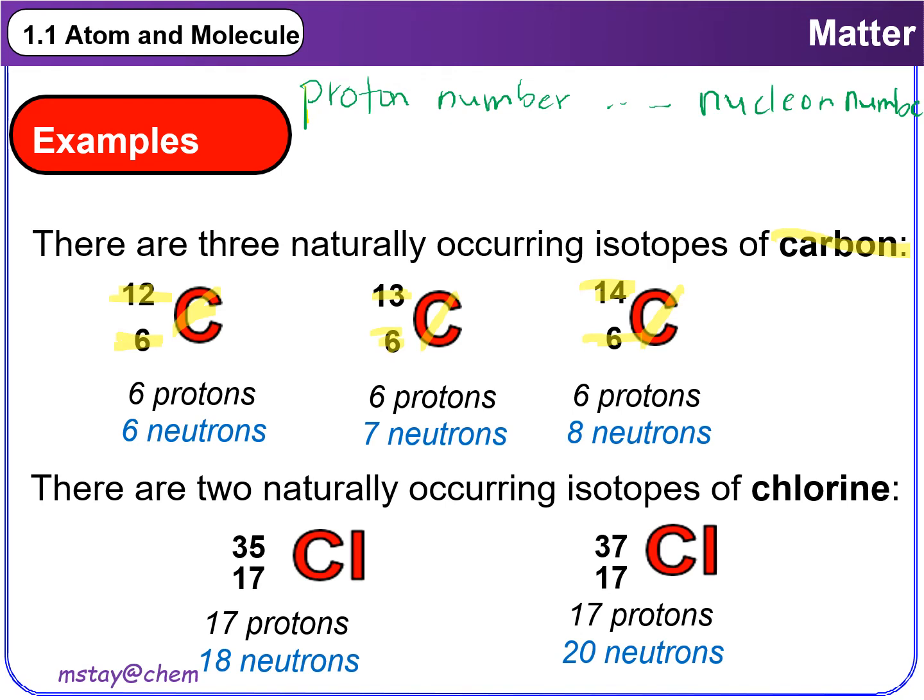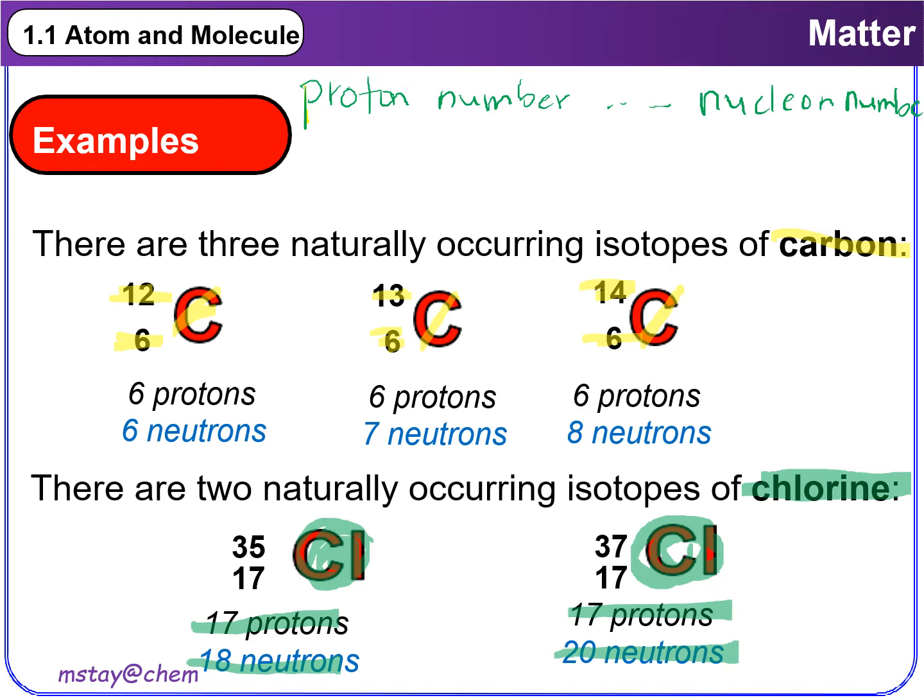The second example is chlorine. Here we have 2 atoms of the same element. Both of them are chlorine. They have the same number of protons, but different number of neutrons.